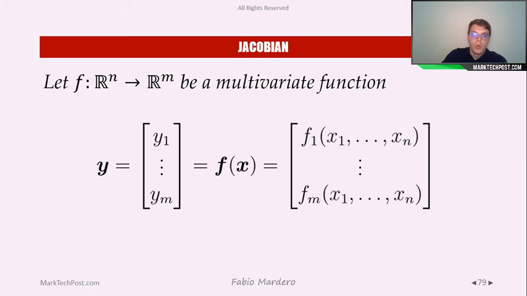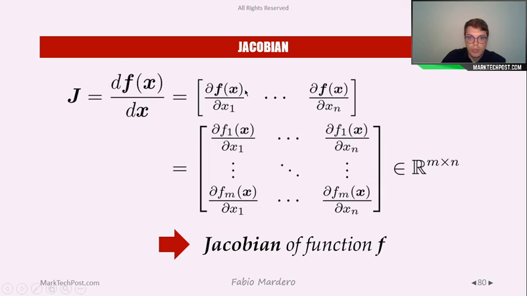What can we do when we are dealing with a multivariate function that goes from Rn to Rm? Well, the result will be a column vector with m components, f1 to fm. But we can do for each of the components the same process to compute the partial derivatives.